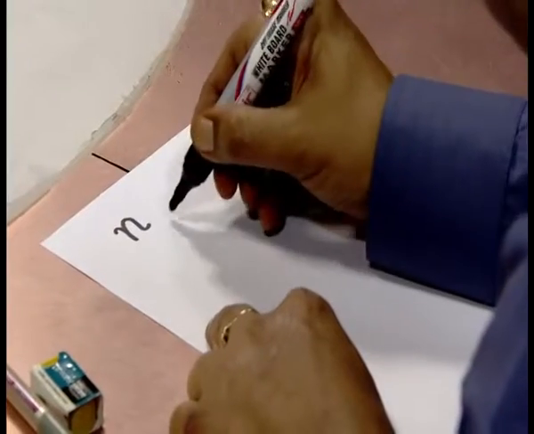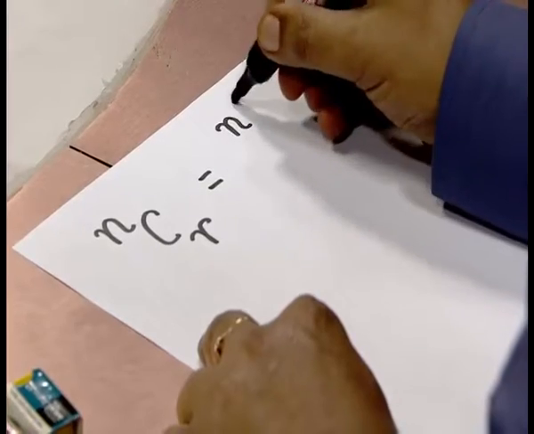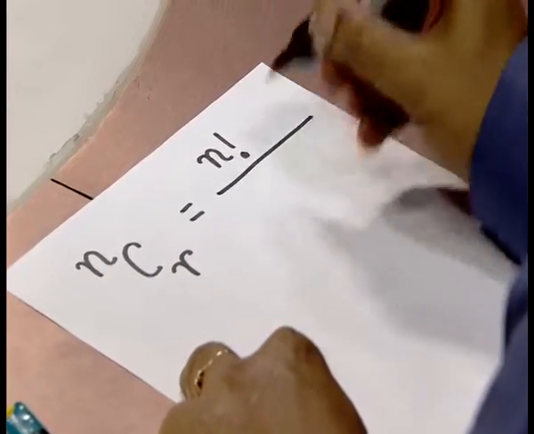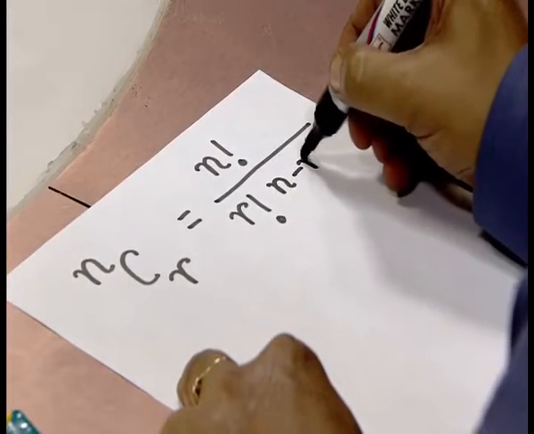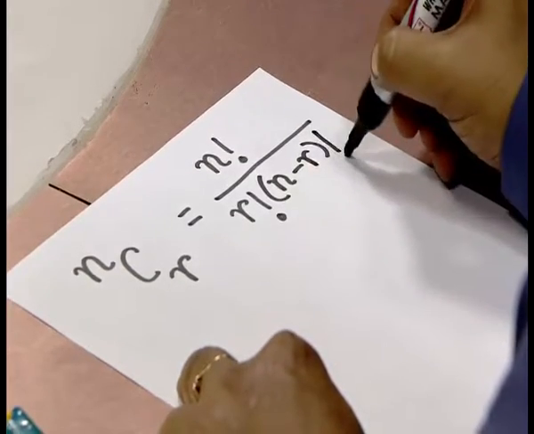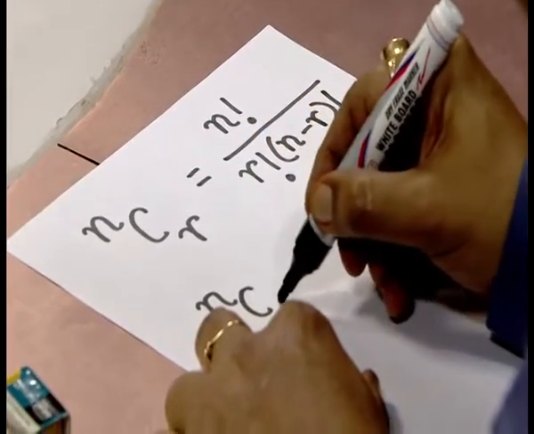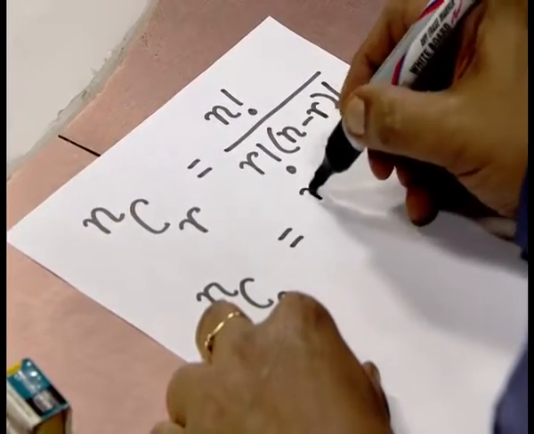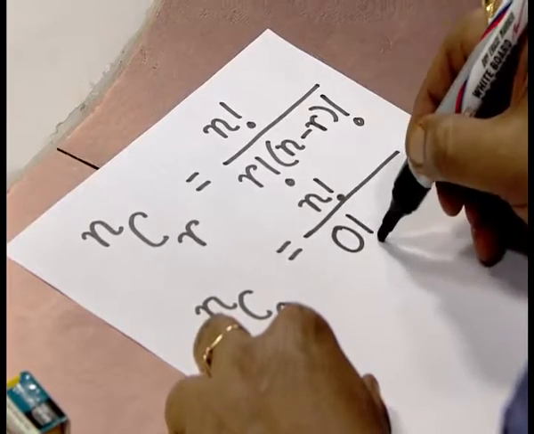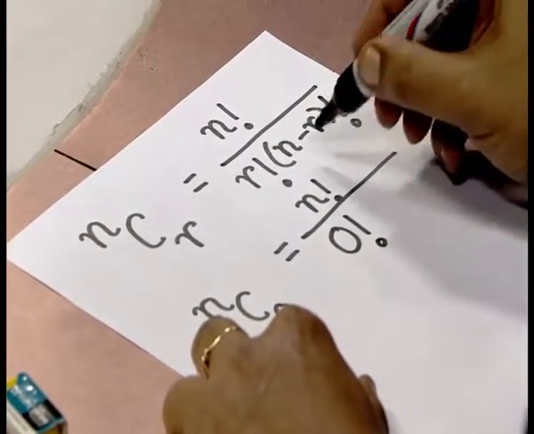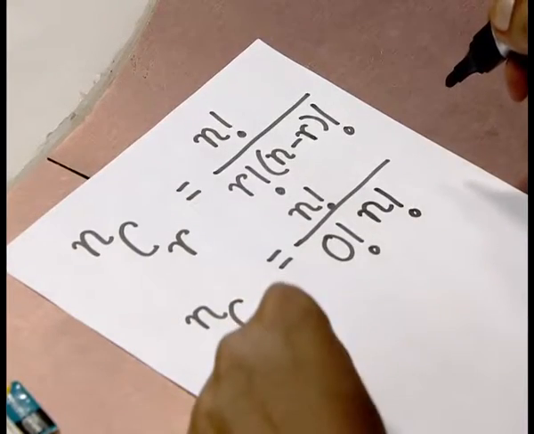You know this result, nCr is equal to factorial n divided by factorial r into factorial (n minus r). So, nC0 is equal to factorial n divided by factorial 0 into factorial (n minus 0), which is again factorial n.